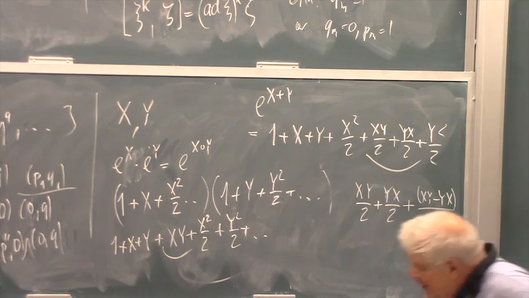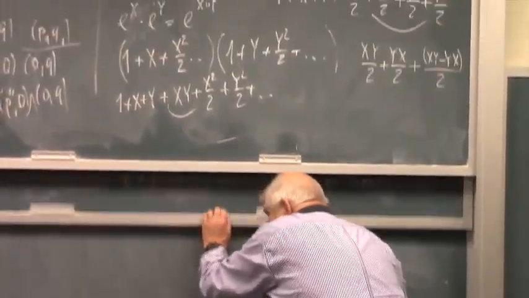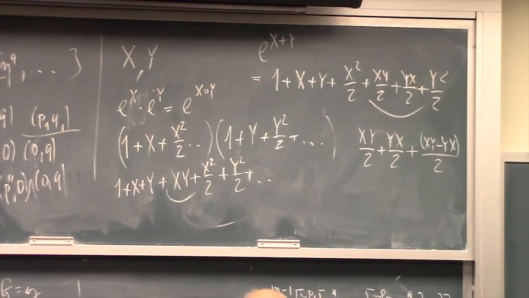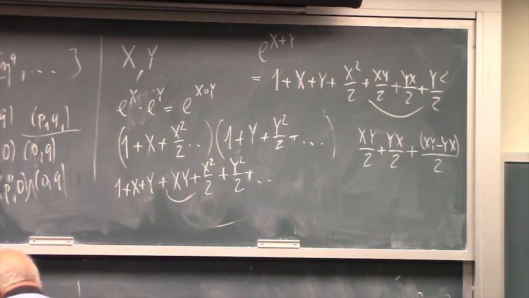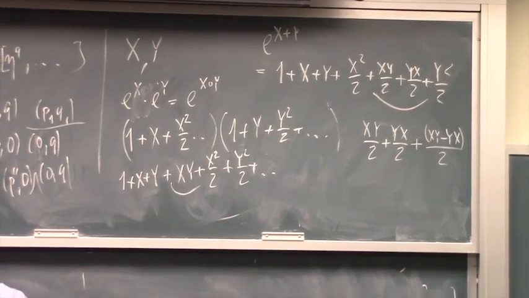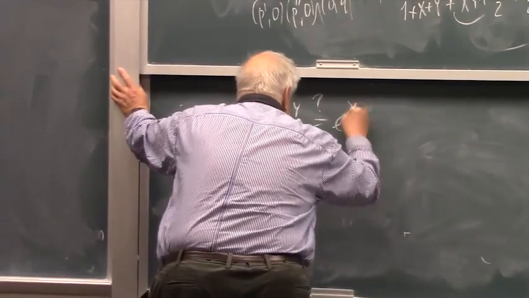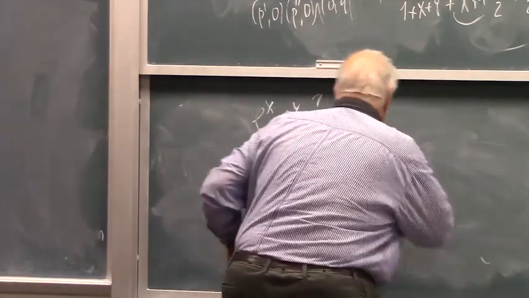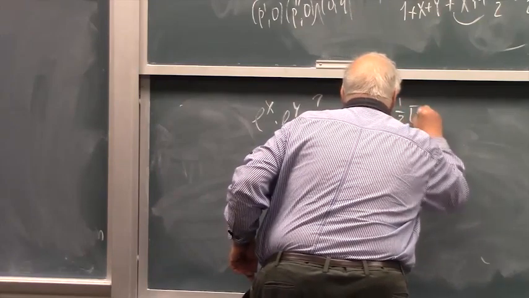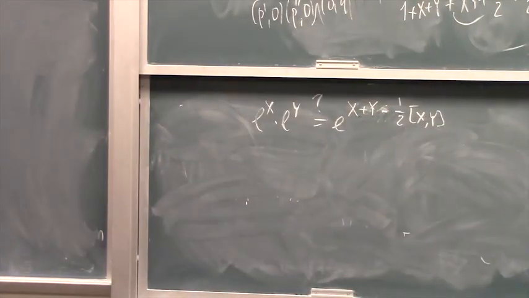Which means that if I, instead of this, take this, minus actually, and subtract it, then at least in degrees 1 and 2 it will be okay.